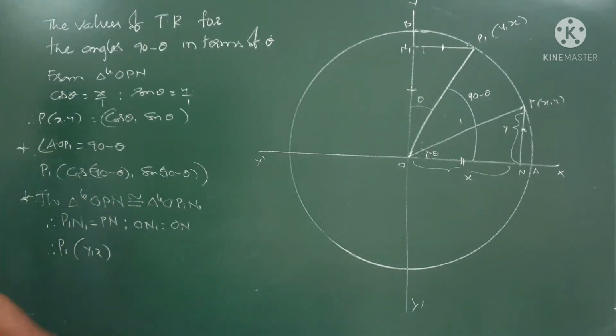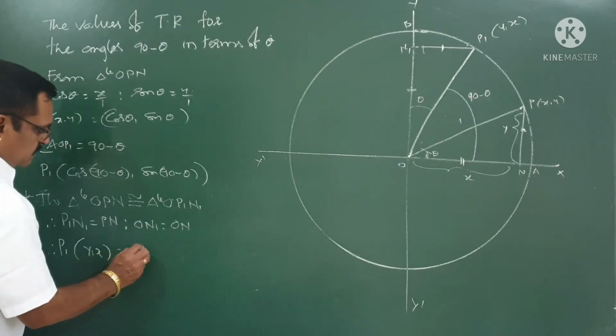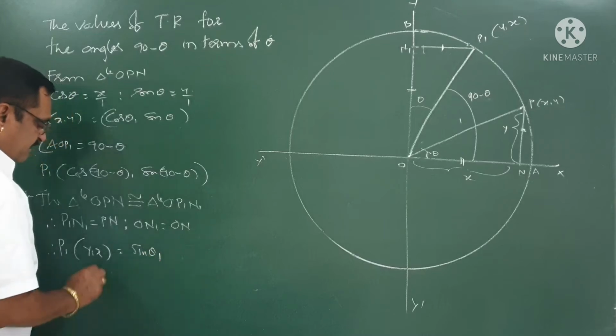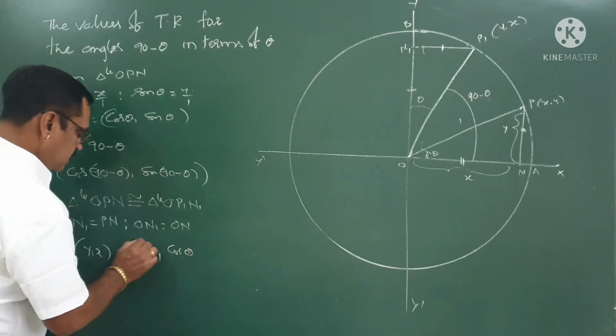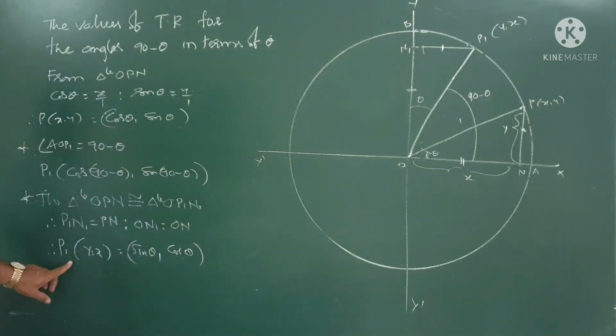Y comma x. Okay, but y comma x is equal to, we have y is equal to sin theta, and x is equal to cos theta. But P1 coordinates are cos of 90 minus theta and sin of 90 minus theta.